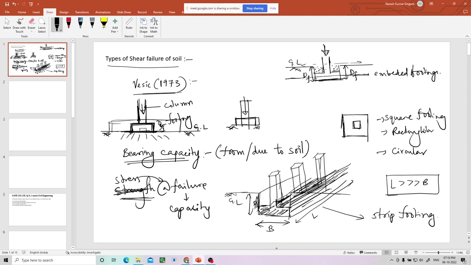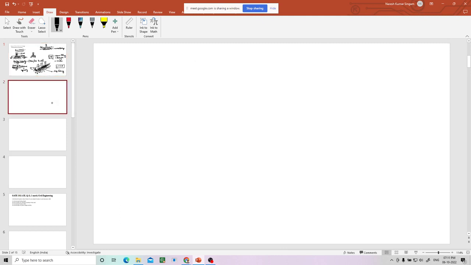So let us enter into types of shear failures. Another thing is, soil fails only in shear.